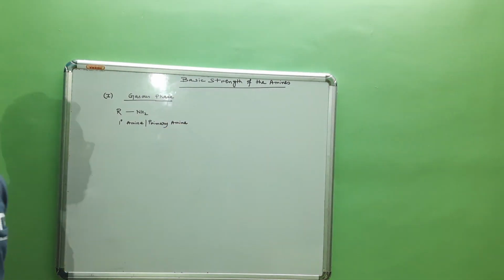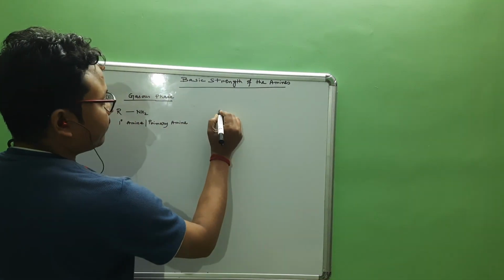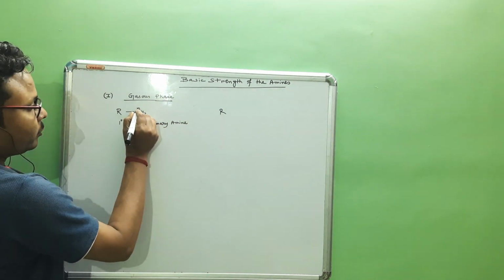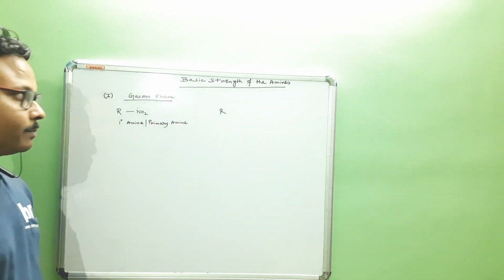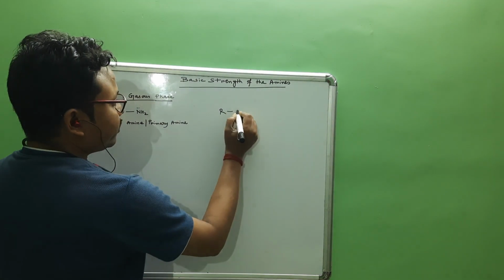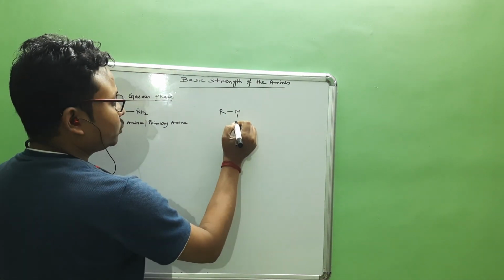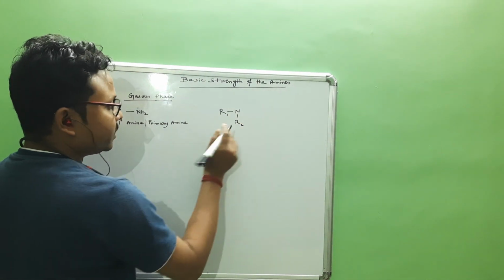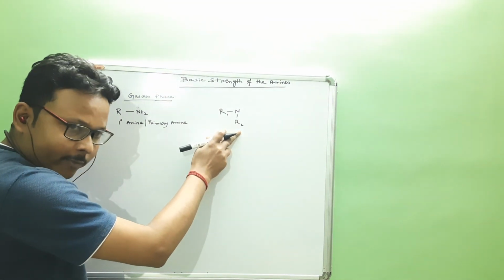And here a lone pair exists on the nitrogen atom. And if the nitrogen atom is attached to two alkyl groups R1 and R2, these two alkyl groups may be same or may not be same.